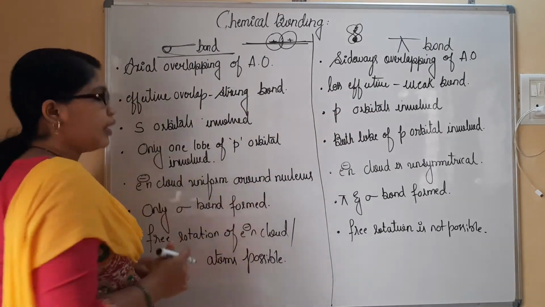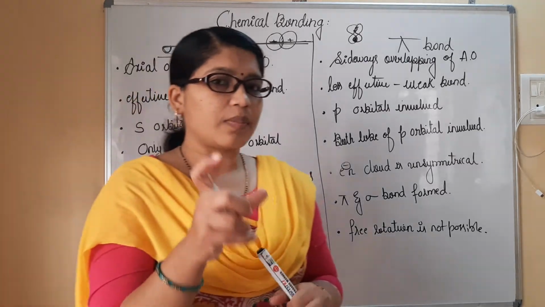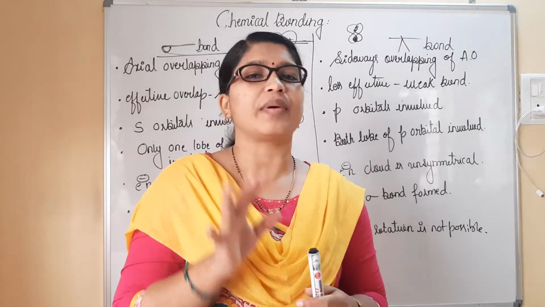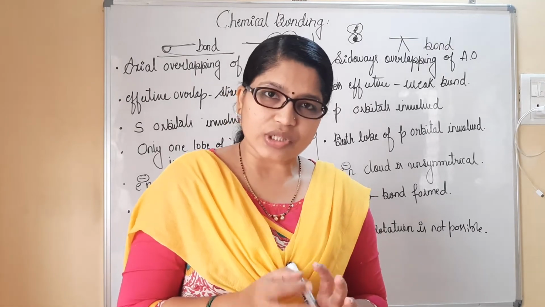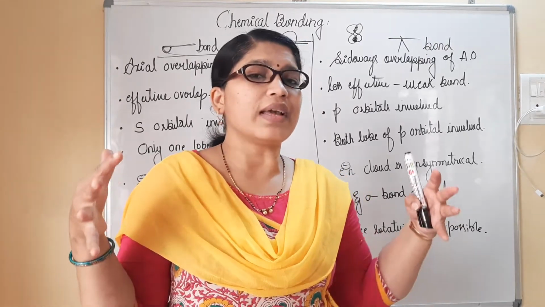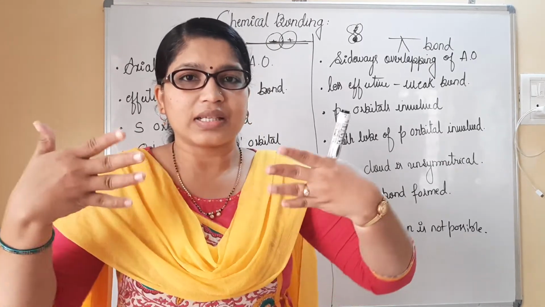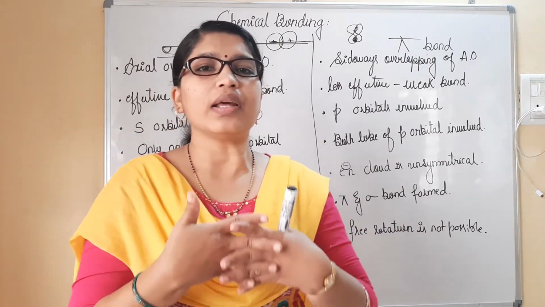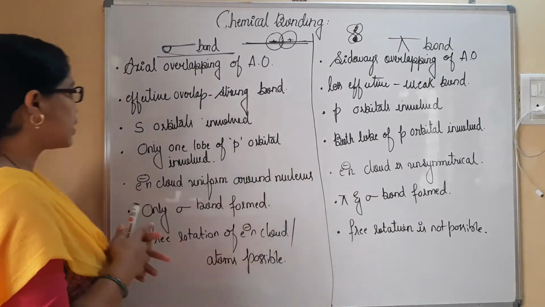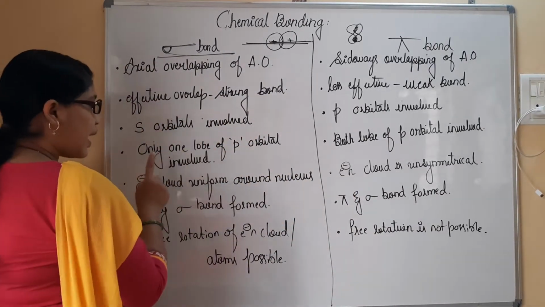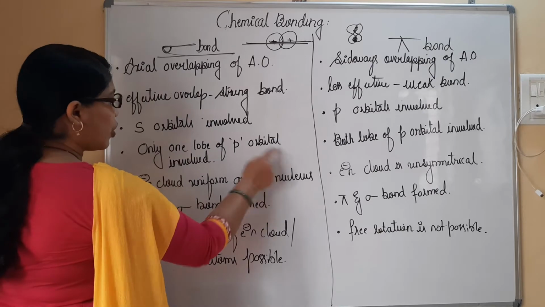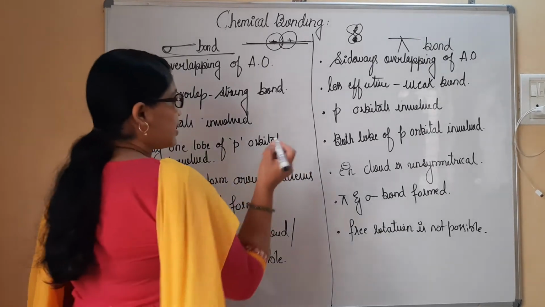Now next we have here, only in case of sigma bond formation, s orbitals will be involved. S orbital, p orbital, if they combine head on, that is head on overlapping, axial overlapping, then only sigma bond formation takes place. Here s orbitals and only one lobe of p orbital is involved. So what exactly is the meaning of this?